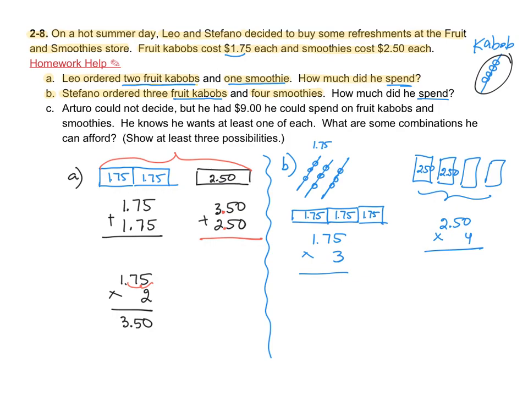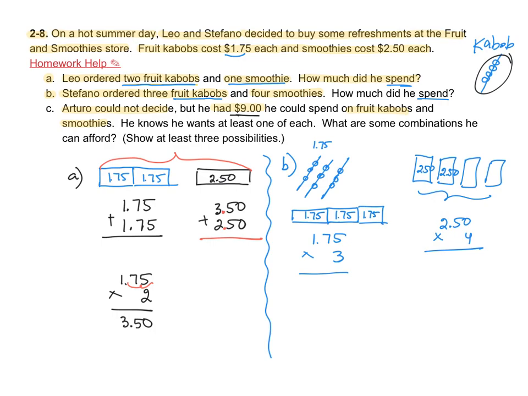Okay, so Arturo could not decide, but he had $9 he could spend on fruit kebabs and smoothies. So Arturo has a limitation of only $9. Actually, this is pretty good. You know, he can buy stuff. You just have to figure out what. So let's continue reading.